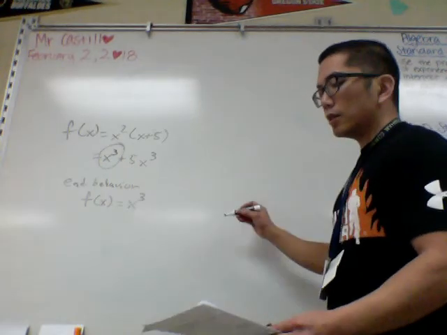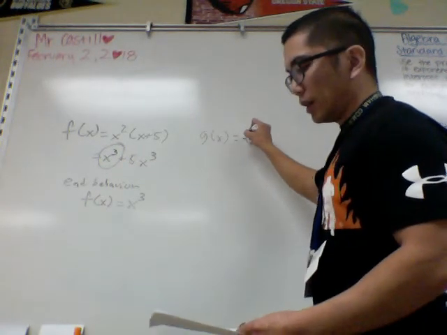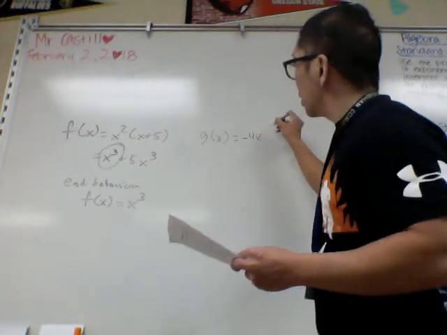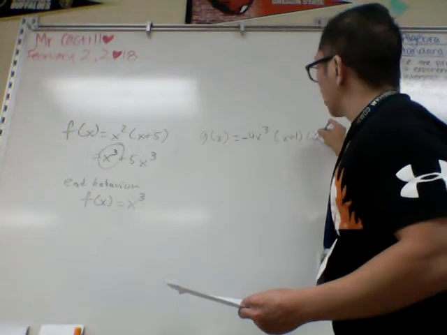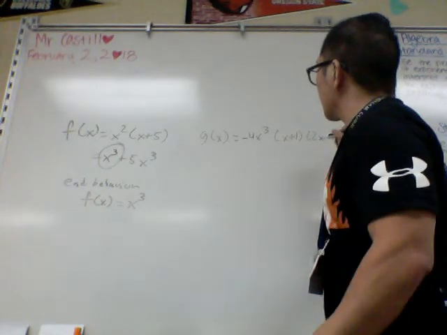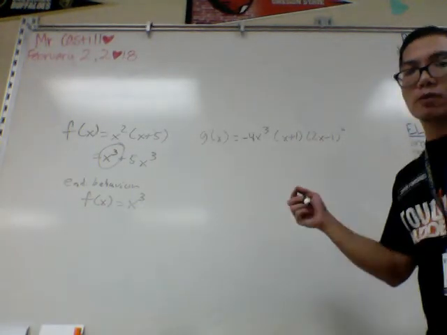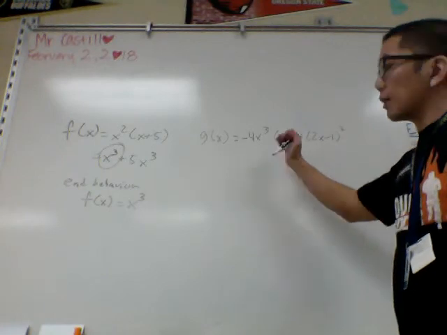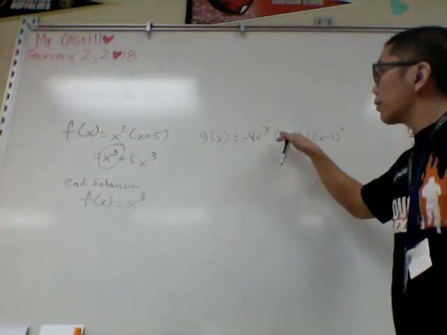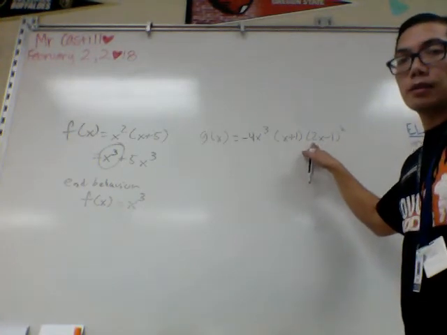for the end behavior, I have g of x is equal to negative 4x to the third, times x plus 1, times 2x minus 1 squared. Now, you don't have to multiply all this out, because that would be way too much work. Because remember, when you multiply it out, the highest degree term will always be the first terms multiplied together.